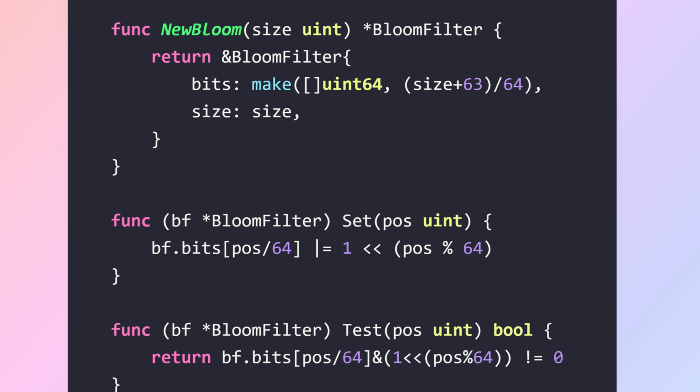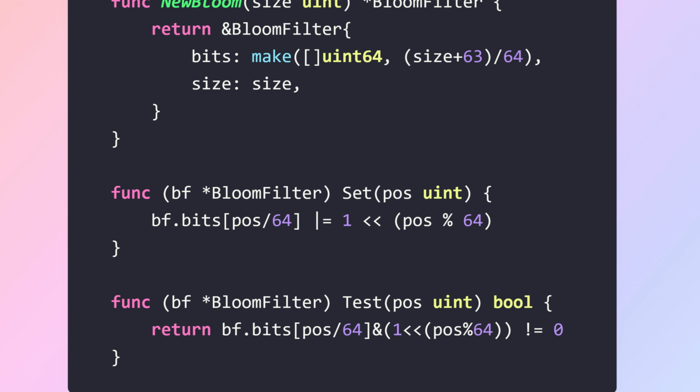The NewBloom function creates the filter and allocates enough uint64 values to cover the requested size in bits. The set function turns on a bit at a given position by finding the correct uint64 using pos divided by 64, and then setting the bit using a left shift.